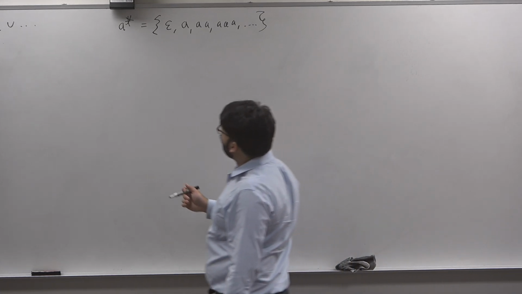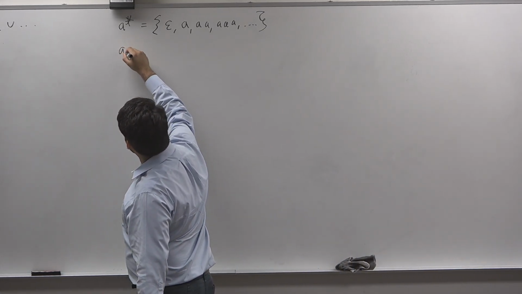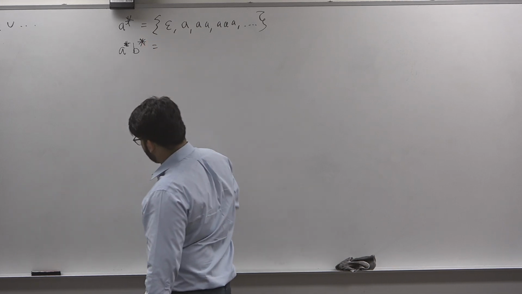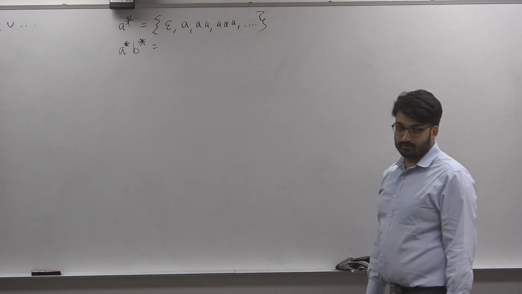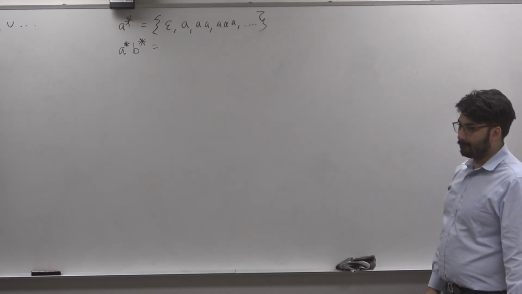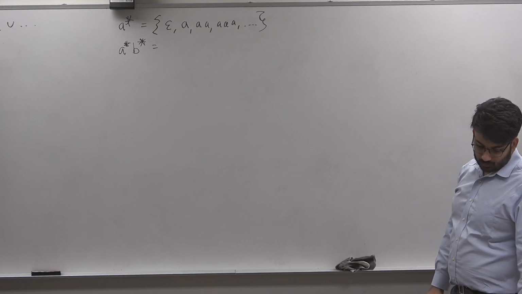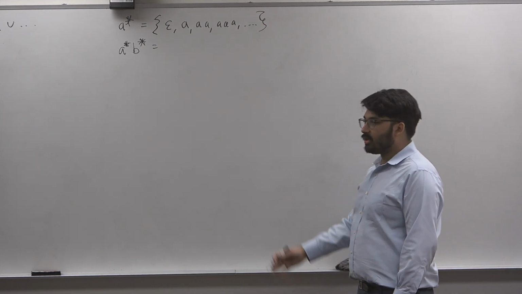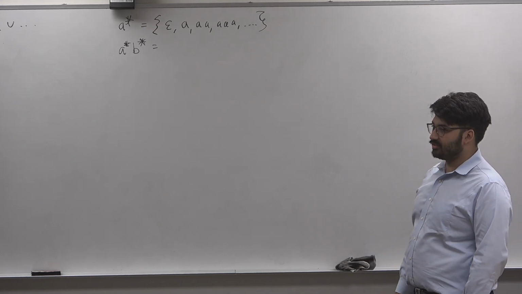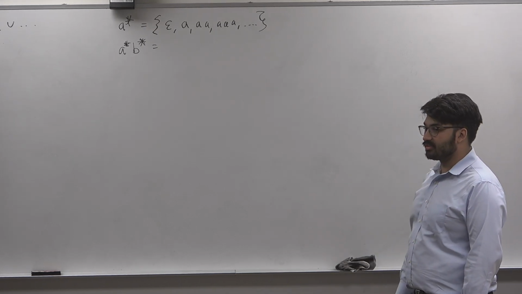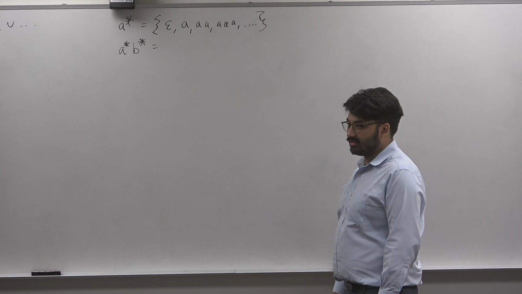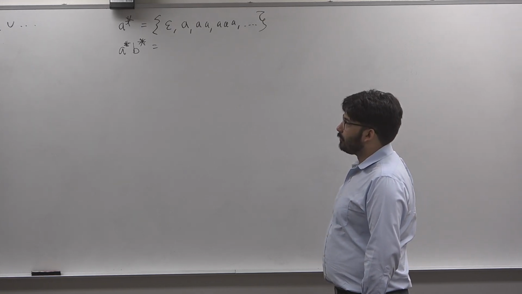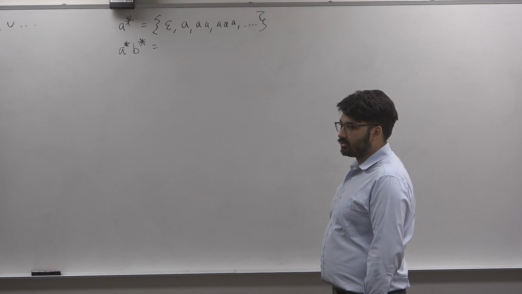What about A star, B star? A, or the empty string, and then A, B. Give me a characterization of all the strings in this language. Maybe even those that are not in this language. All multiples of A and B concatenated. Yeah, but more precisely, what about the A's and the B's?